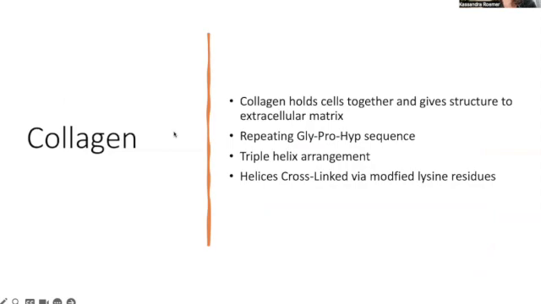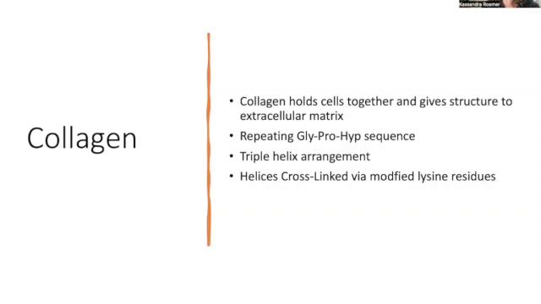Another intermediate filament is collagen, which is the most abundant animal protein, and holds together and gives structure to the extracellular matrix. So a pretty important protein. It is also very unique in its structure in that up to 30% of the amino acids in collagen are glycine.